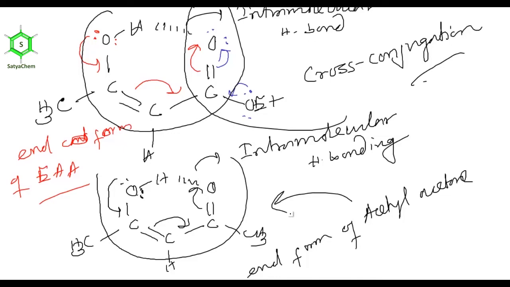Clear? So the take home message is that cross conjugation destabilizes the system to some extent. If you have two molecules, one with extended conjugation and another with cross conjugation, mind it, extended conjugation will stabilize the molecule to a greater extent.